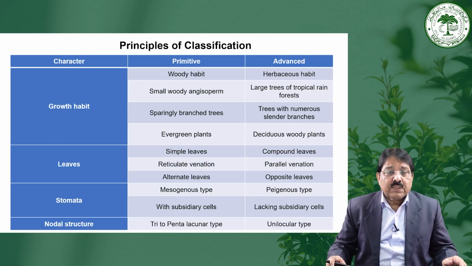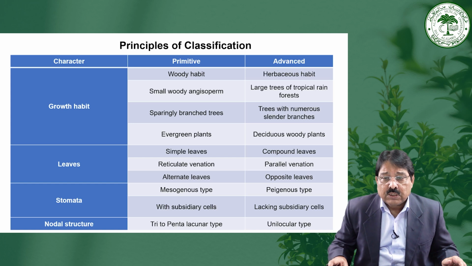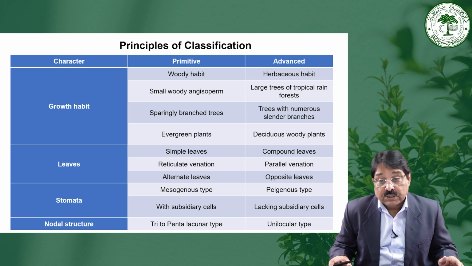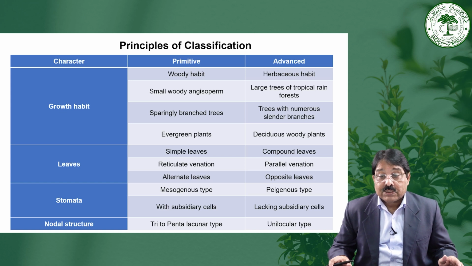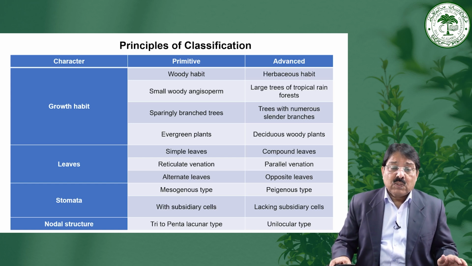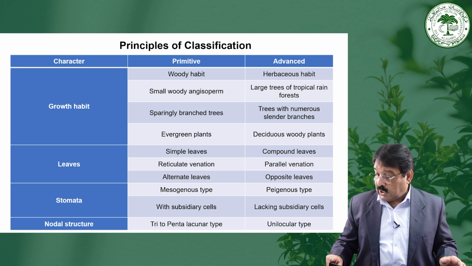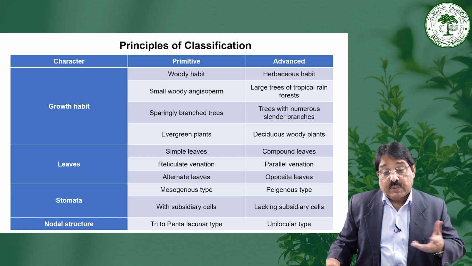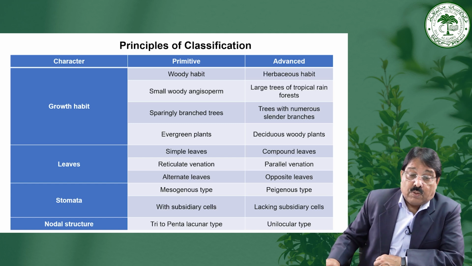In growth habit, he separated the woody as well as the herbaceous plants: the small woody angiosperms, the large trees, then the sparingly branched trees, then the trees with numerous slender branches, the evergreen or deciduous. So he considered all the characters of growth habit, and for leaves, simple or compound, reticulate venation and parallel venation, alternate and opposite, whatever it is.